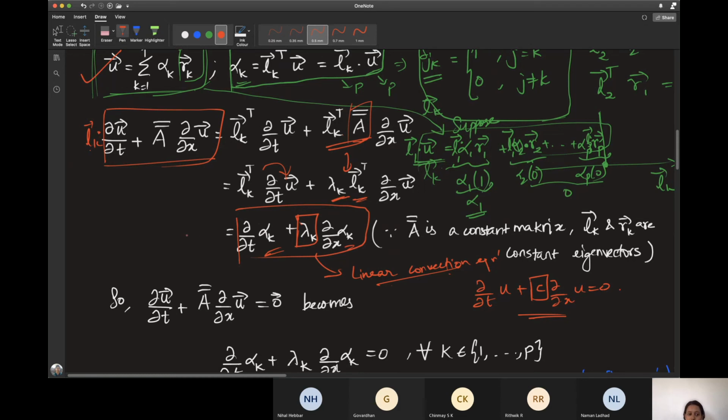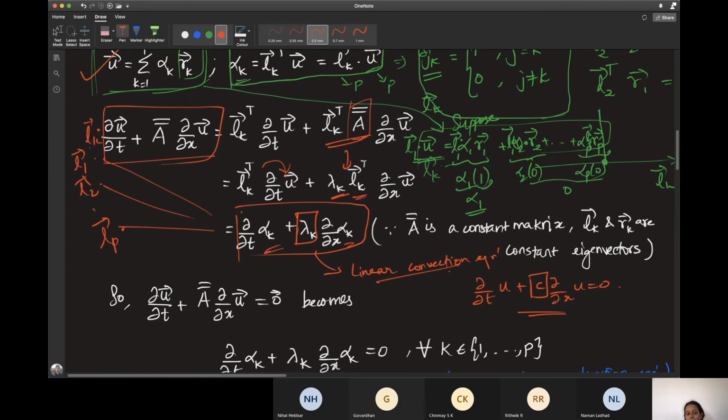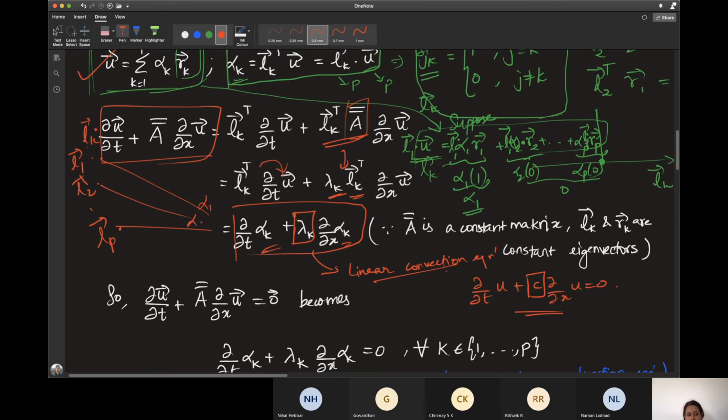So you actually can put the L1 vector dot product, L2 vector dot product, up to the Lp vector dot product. You will obtain similar equations in alpha 1, alpha 2 up to alpha p. So basically this system of p equations has been transformed into just p linear convection equations.